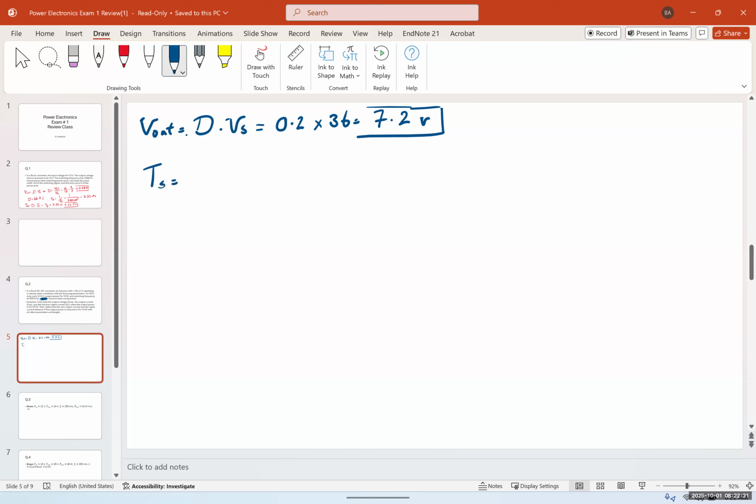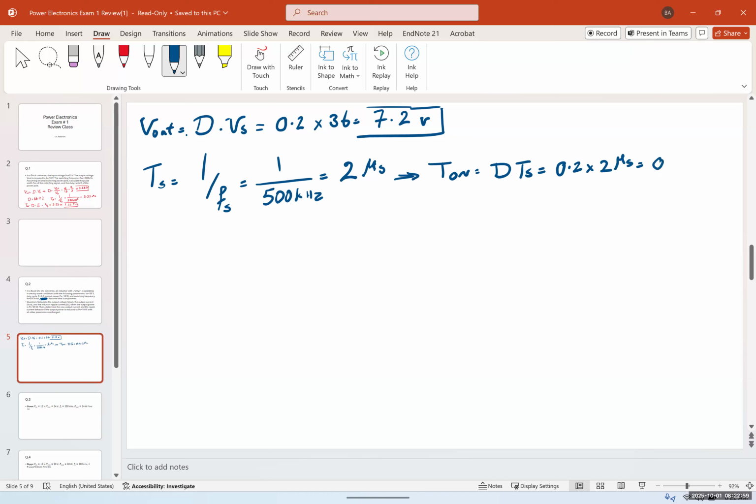Now, Ts would be equal to 1 over Fs, which is 1 over 500 kilohertz, 500,000, gives us 2 microseconds. Now, T on would be equal to D Ts, which is 0.2 times 2 microseconds, gives us 0.4 microseconds.